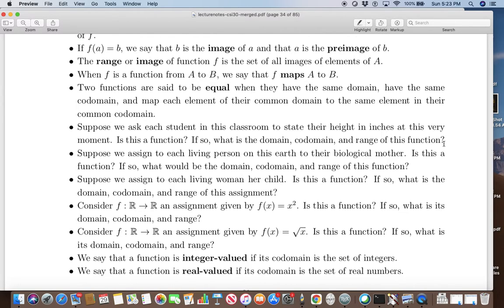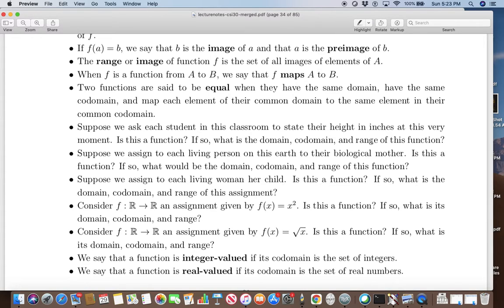What is the range of this function? Am I going to get a student with height, I don't know, 10,000 inches? No, I'm not going to. So the range is going to be a proper subset of all the heights as numbers I get from my class.